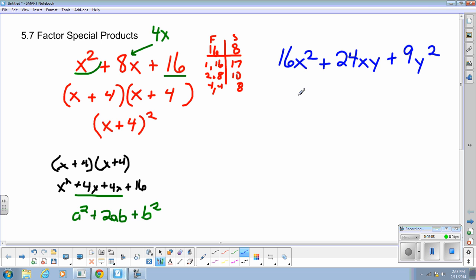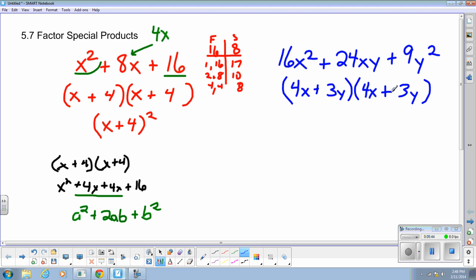If I follow the pattern, since I recognize these to be perfect squares, I know that in the parentheses I'm going to have the square root of 16x squared, which is 4x, in each set of parentheses. What's the square root of 9y squared? 3y and 3y. What sign goes in the middle? I have positive, so plus and plus.